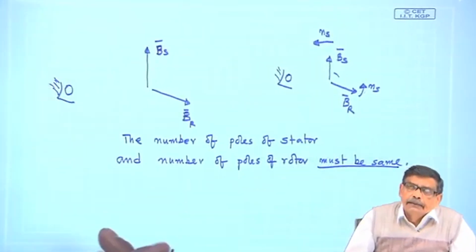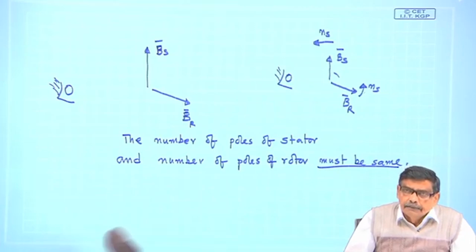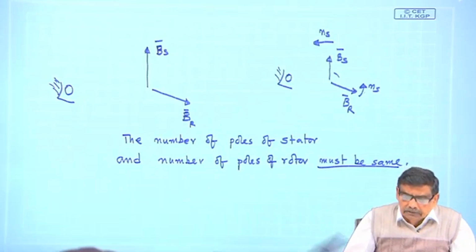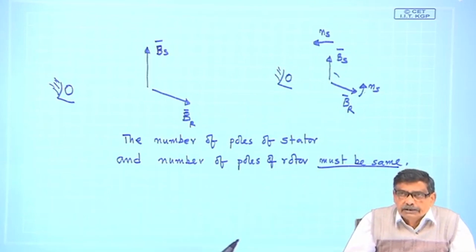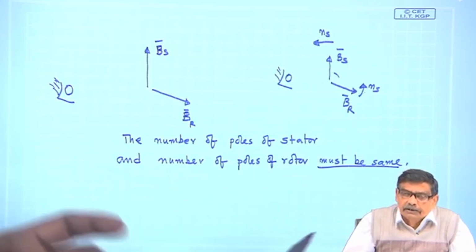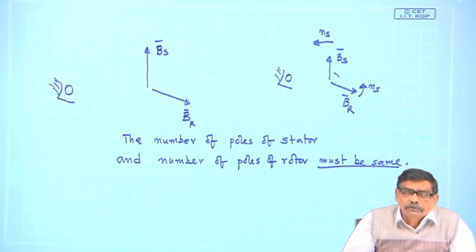And at this stage I must tell you, there are machines which we often call a two pole machine, a four pole machine, a six pole machine or an eight pole machine. Mind you, the number of poles must be even.